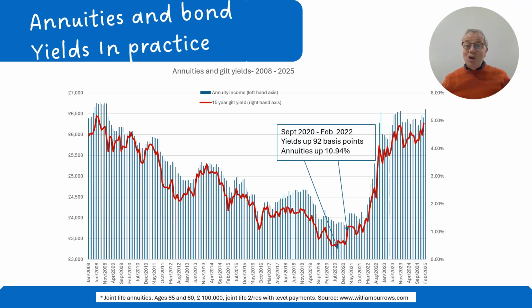For example, I've taken the period September 2020 to February 2022: the 15-year bond yield was up 92 points, and annuities were up nearly 11%. This rule doesn't work all the time, because naturally there are time lags between changing bond yields and annuity companies repricing, but it's useful to bear in mind.